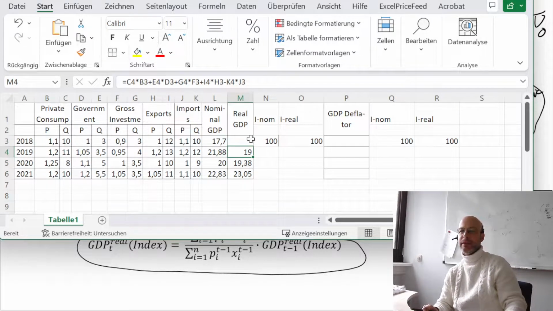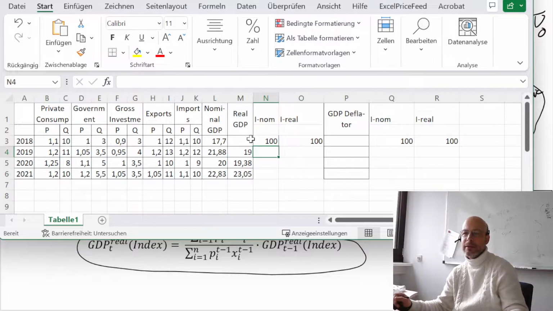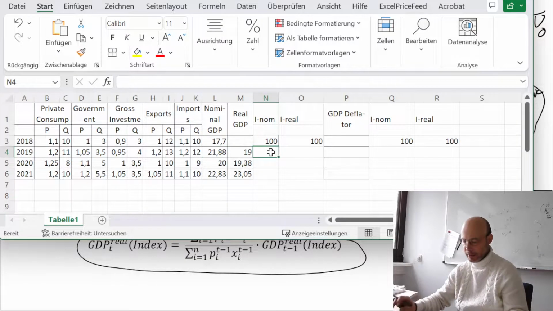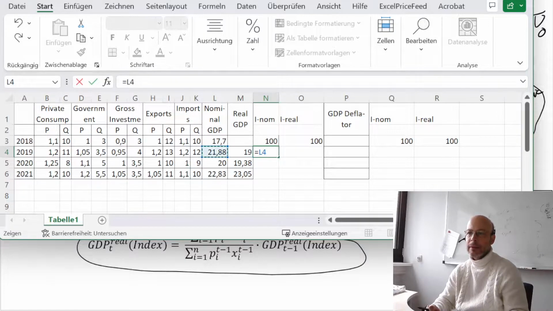In order to get the nominal index, this is quite easy, because we only have to take the proportion of 21.88 over 17.7 times 100, since we say that 17.7 equals 100, which then equals 21.88. So let's redo this: 21.88 over 17.7 times 100.